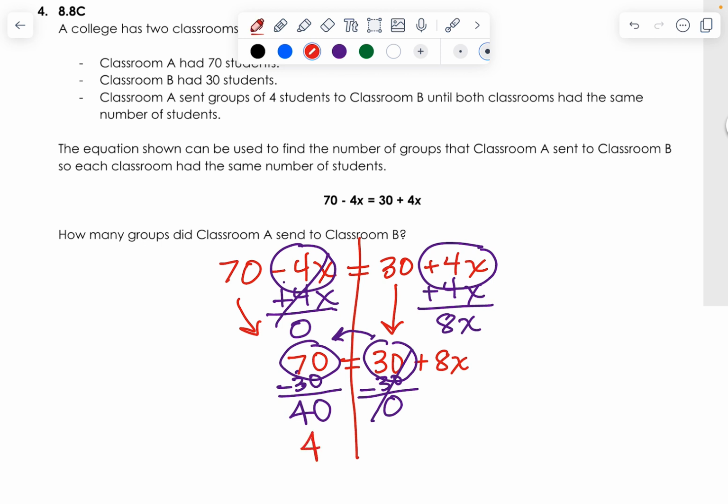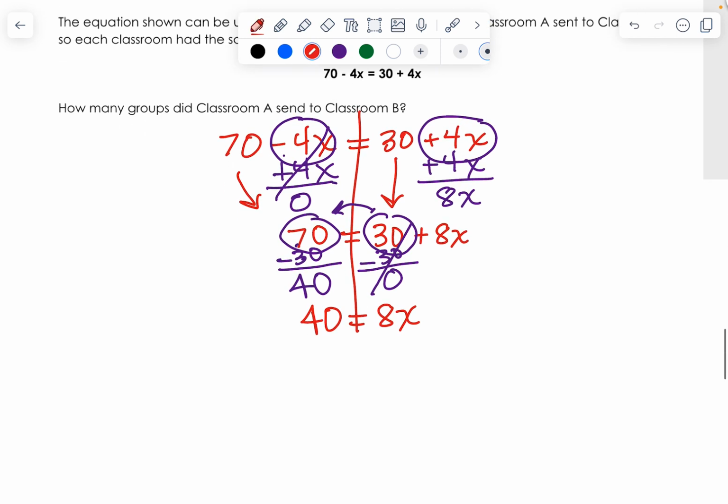So now what do I have left in my equation? Am I finished? Nope, x is still not by itself. X is being multiplied by 8. I'm finally ready to break apart my x from its coefficient there. It is being multiplied by 8, so I need to do the opposite and divide by 8, which would cancel that out. 8 divided by 8 is 1, which leaves me with 1x, and that's my goal.